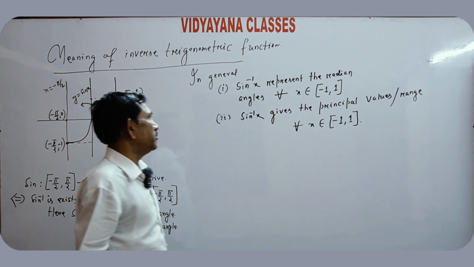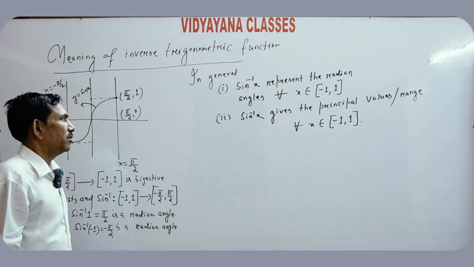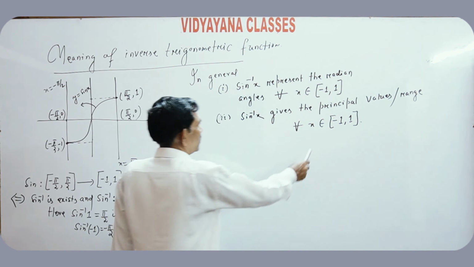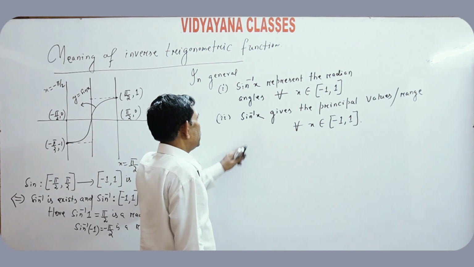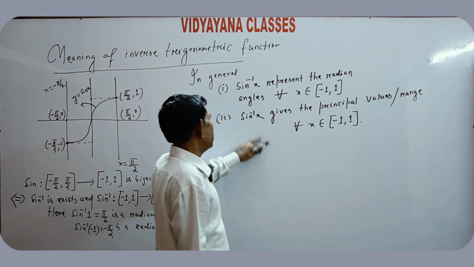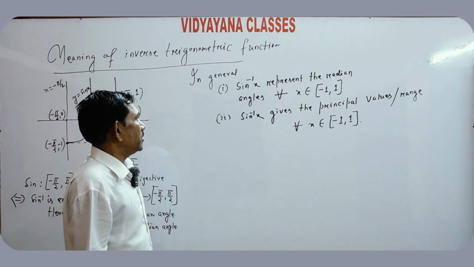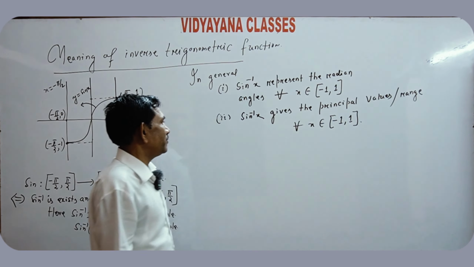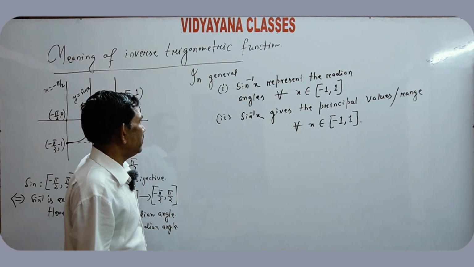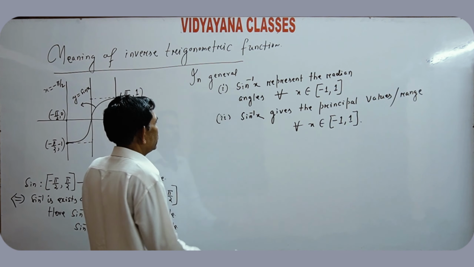When x varies in this set, we will get different values of sin inverse x. These are called the principal values. Clear? Very, very important.